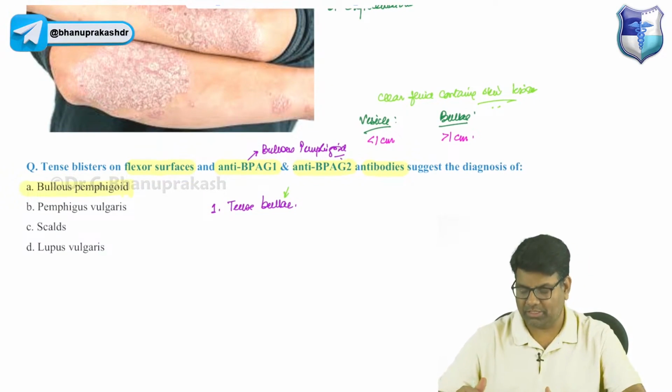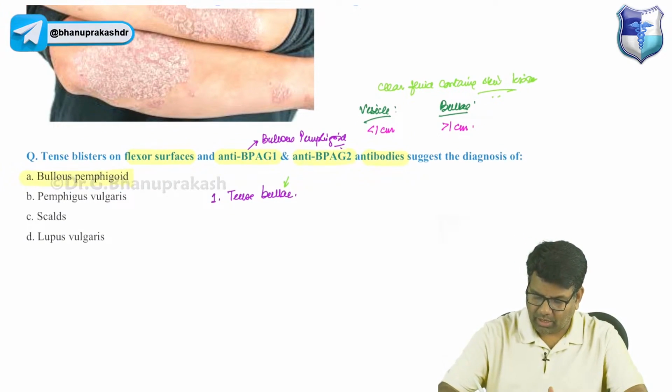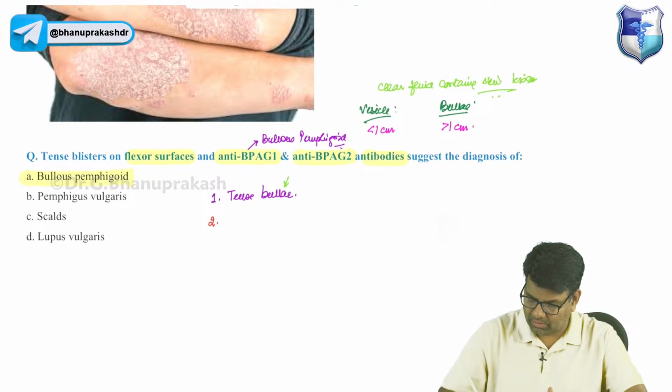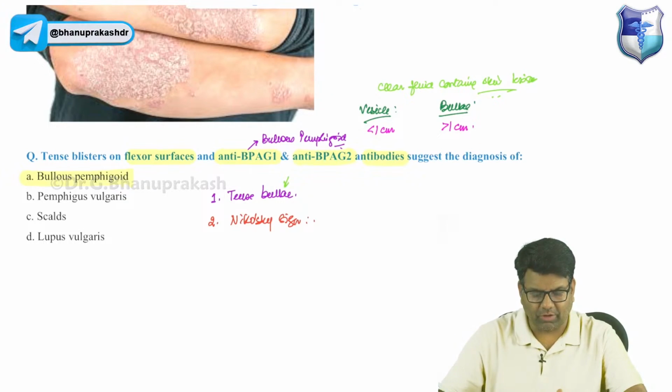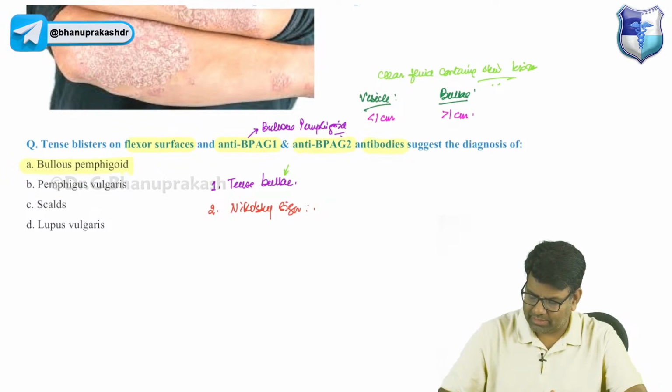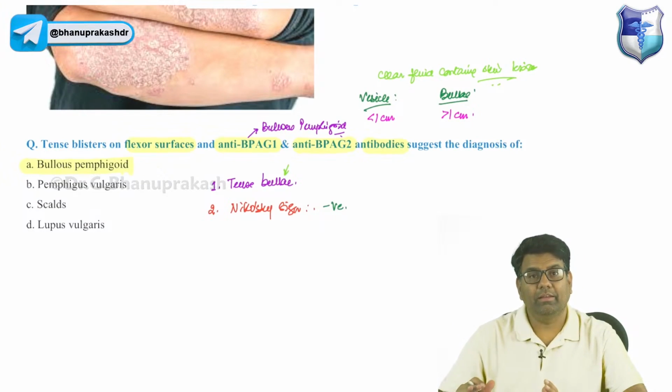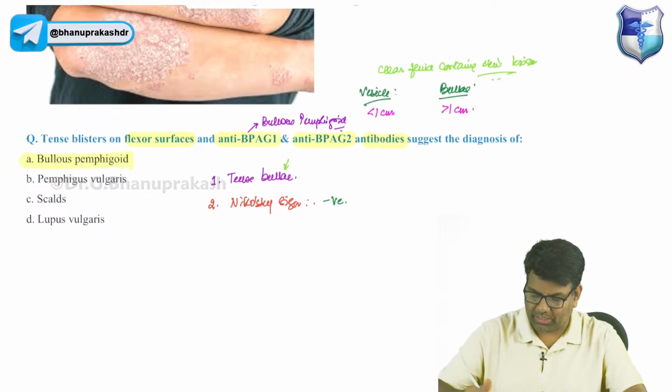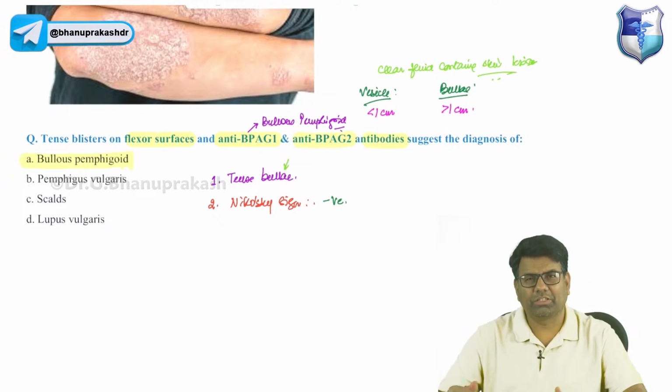So there are antibodies against BPAG1 and BPAG2. Another thing you should know here is a clinical sign known as the Nikolsky sign. Is it positive or negative here? Very good, Raghu. It is negative in tense blisters, that is, bullous pemphigoid, right? Now, any idea what the Nikolsky sign is?